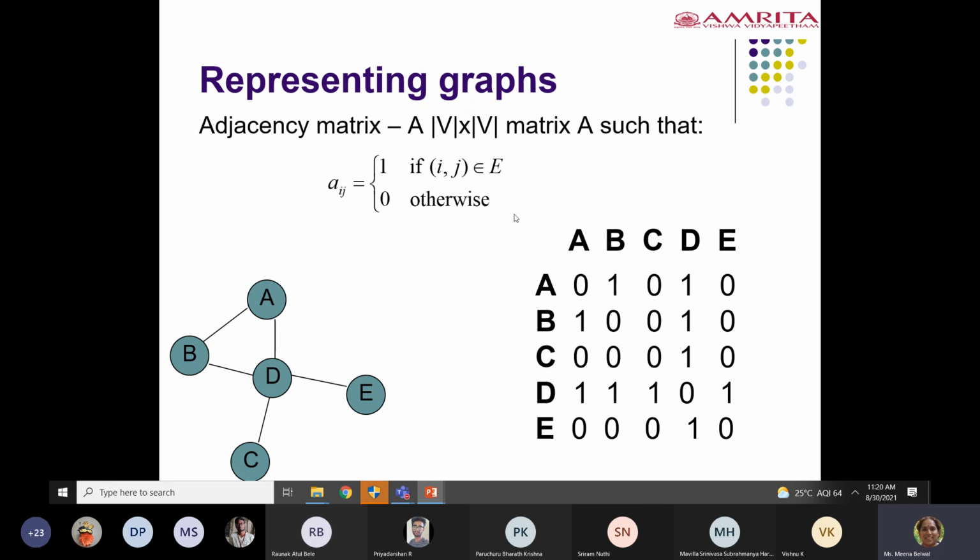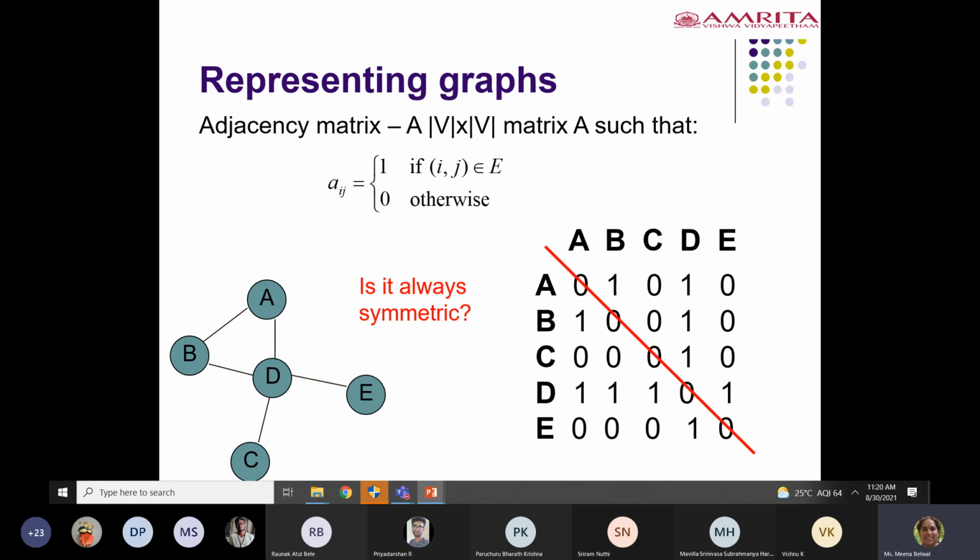Now if I see this matrix, if I cut it from the diagonal, then I get a symmetric matrix, isn't it? The upper half of the matrix is the same as the lower half of the matrix, right? So this is just an example, again to tell B is connected with A and D. For D, it is all the 4 connections.